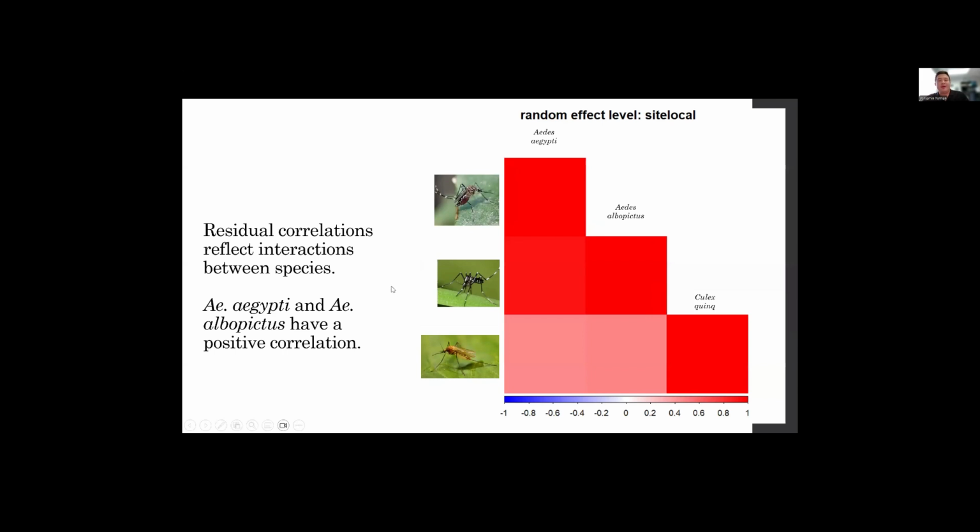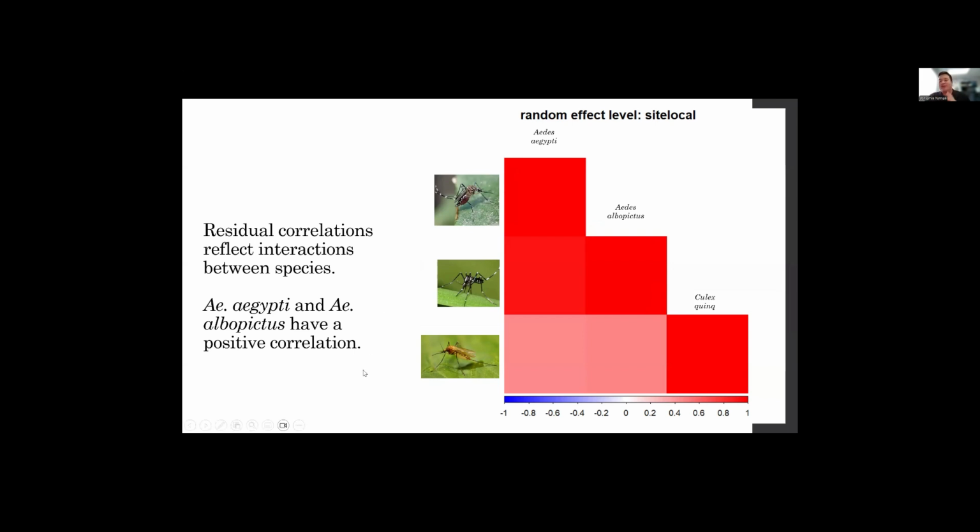And then also important, we can look at interactions between species. So this is a residual correlation matrix where we can look at the abundances of each species in relation to the presence of another. So if we think about classical competitive exclusion, where you have a projected niche, but a species isn't present, but another species is, you might expect them to be excluded somehow by a superior competitor.